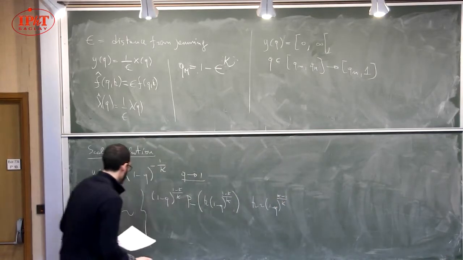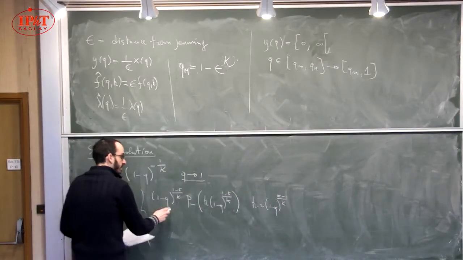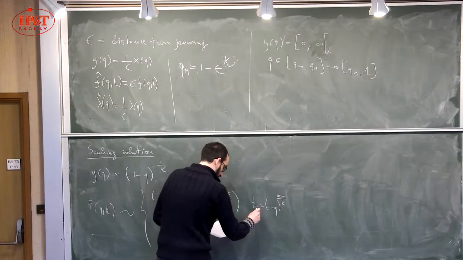So you have three regimes. This is for negative h.